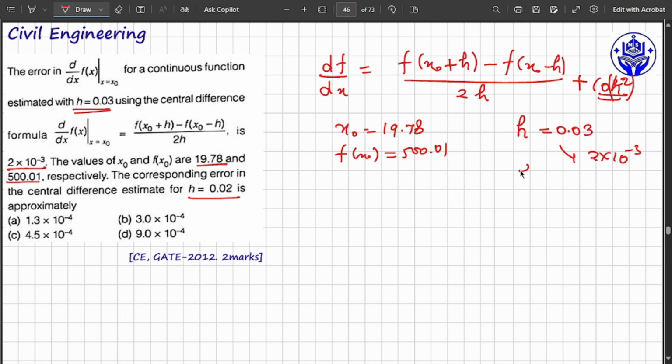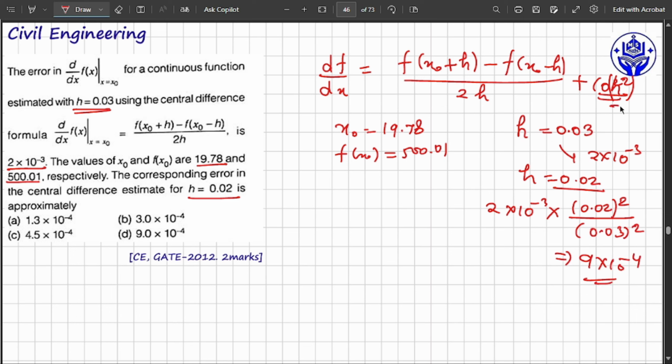The error at h equal to 0.02 is approximately 2 into 10 to the power minus 3 into 0.02 whole square upon 0.03 square. It is nothing but 9 into 10 to the power minus 4. It is basically of order 2. So D is the correct answer here.